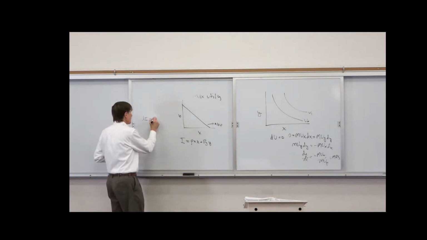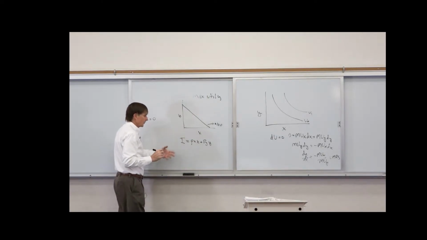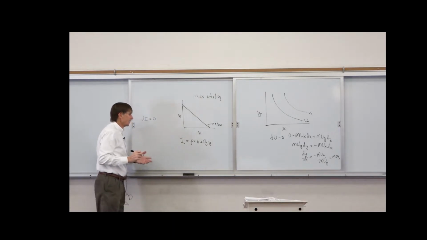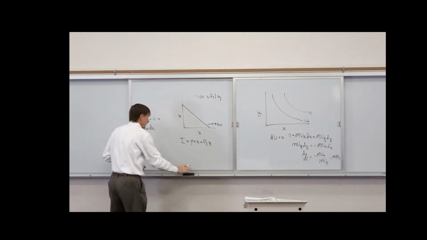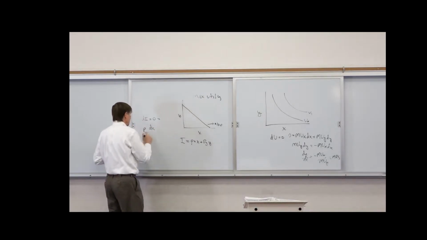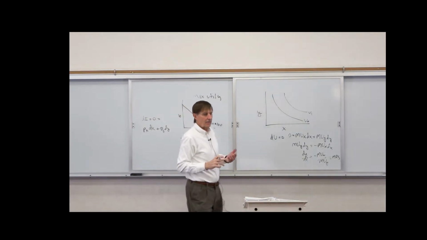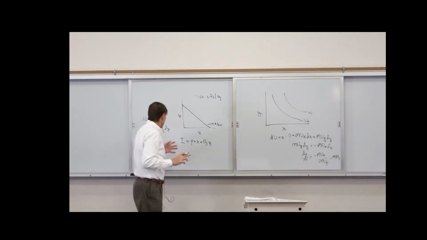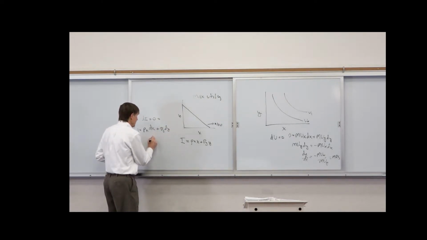If we take the total derivative, as most of you have had calculus, what are you going to get? dI is equal to the price of X times dx plus the price of Y times dy. And we can solve this equation for dy/dx, which is the slope.